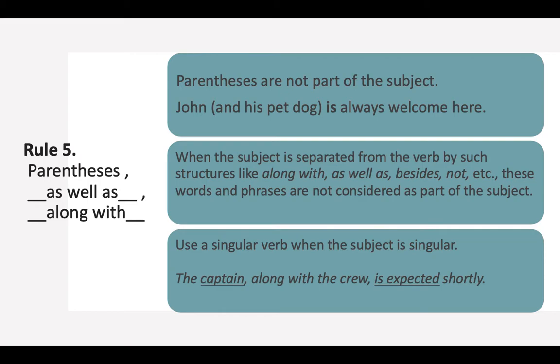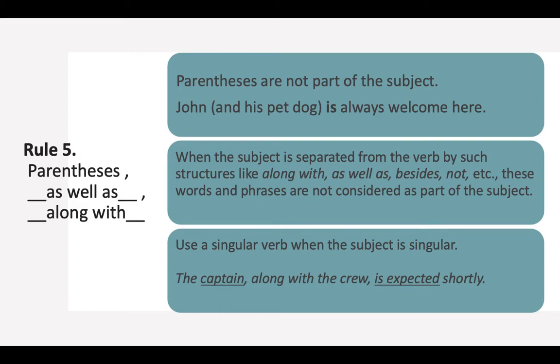Just like this parenthesis, it is the same when you have structures like as well as, along with, besides, etc. Such words are also not considered as part of the subject. So you may have a sentence like this: the captain along with the crew, or the captain along with the players is expected shortly.